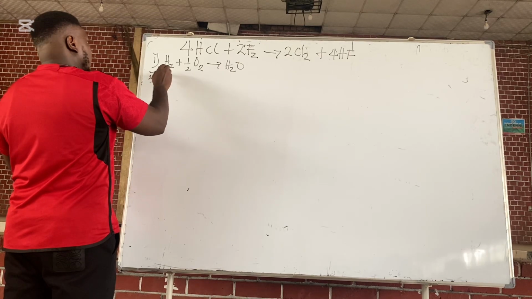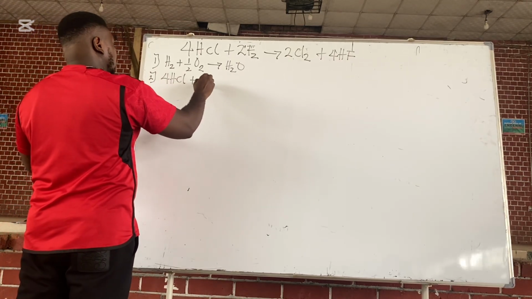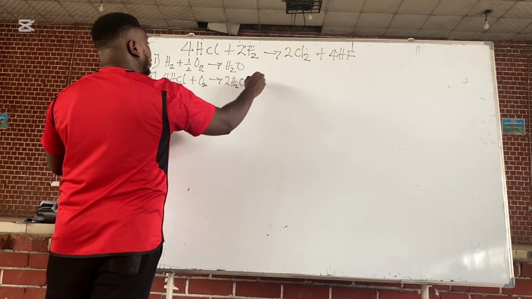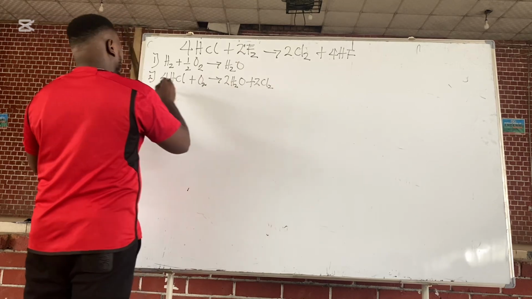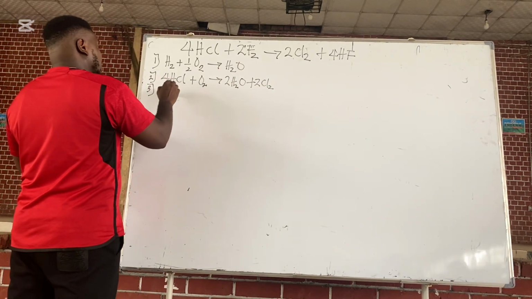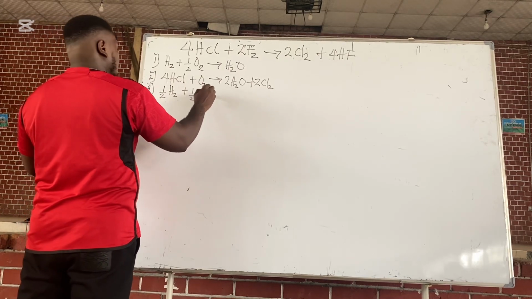Equation 2: 4HCl plus O2 to give 2H2O plus 2Cl2. Equation 3: 1/2 H2 plus 1/2 F2 to give HF.